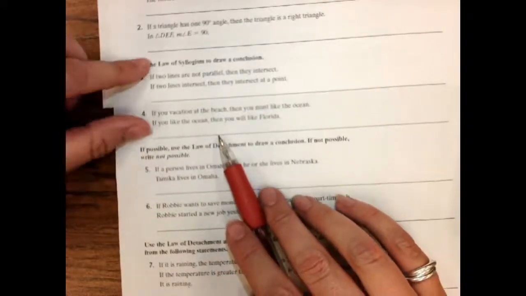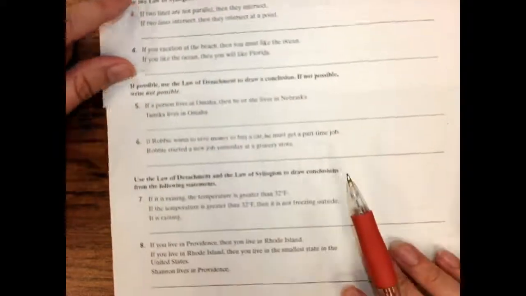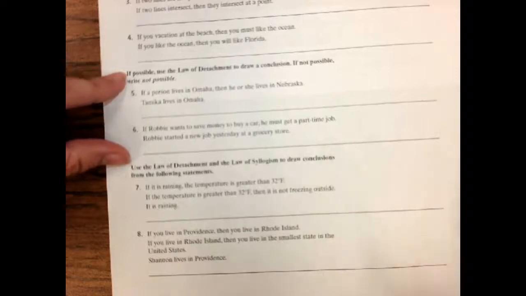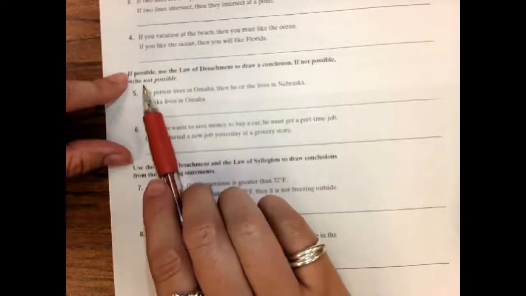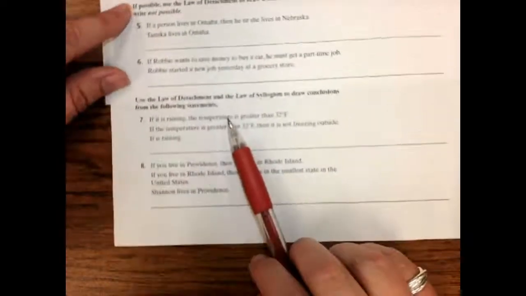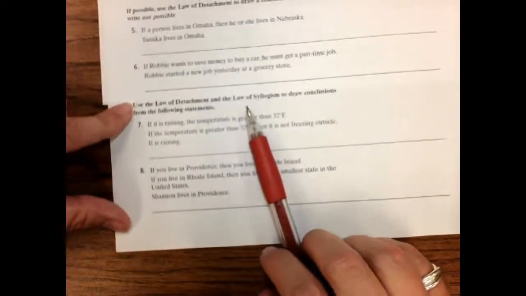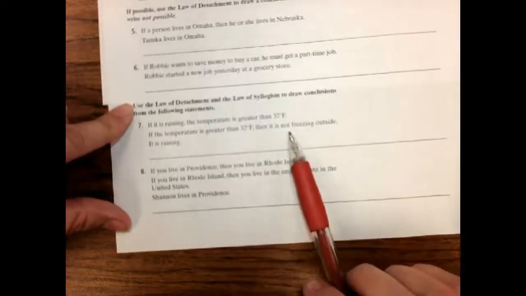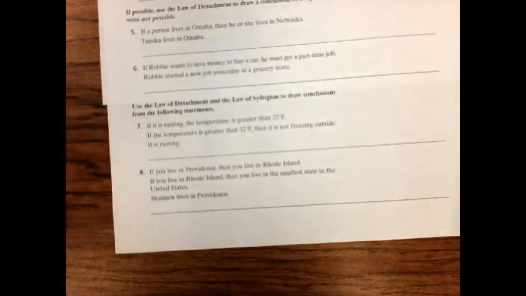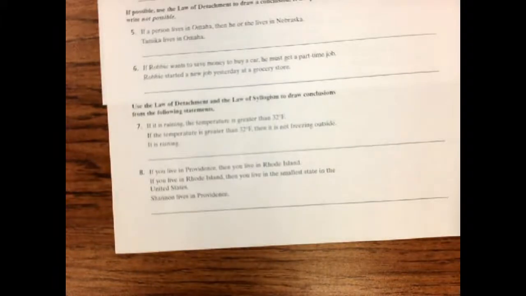Then this is the law of syllogism. And then here it says, if possible, use the law of detachment. If not possible, write not possible. And then down here it says, use the law of detachment and the law of syllogism to draw a conclusion. So here you'll have to use both to draw your conclusions. When you finish these, you're going to put them on the form.